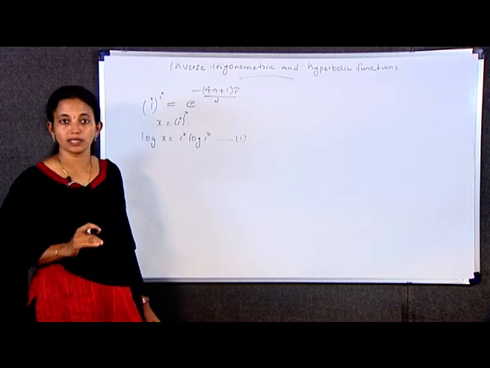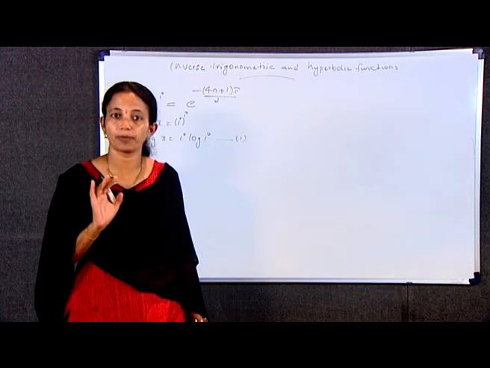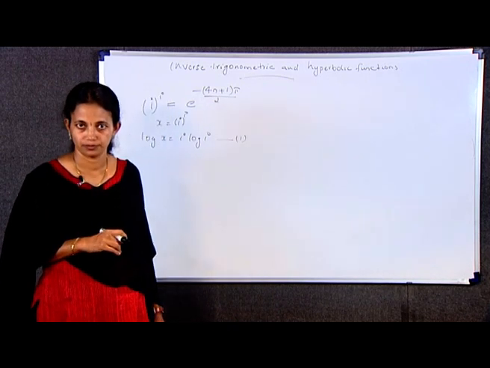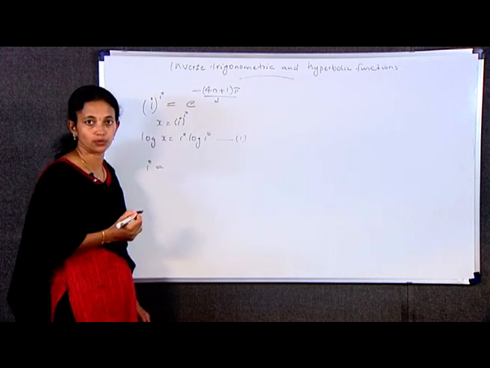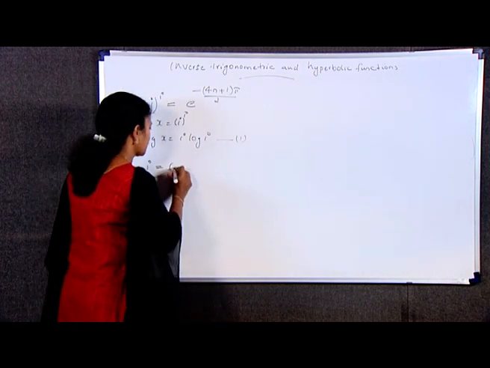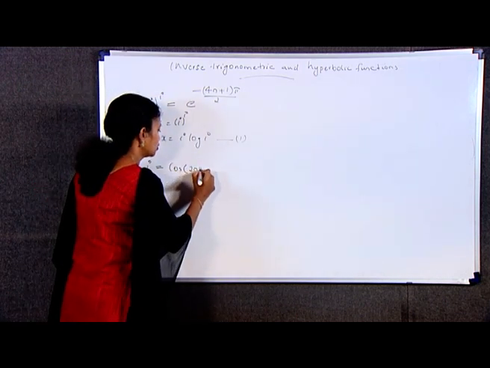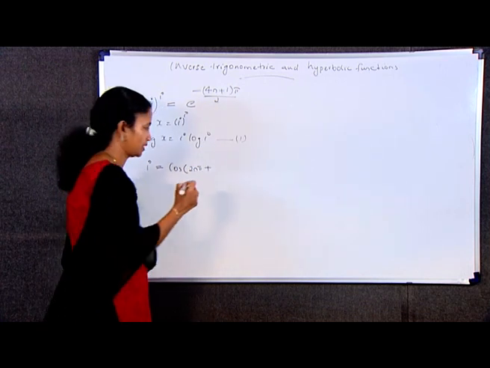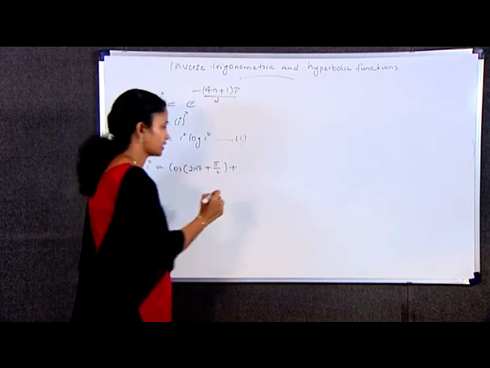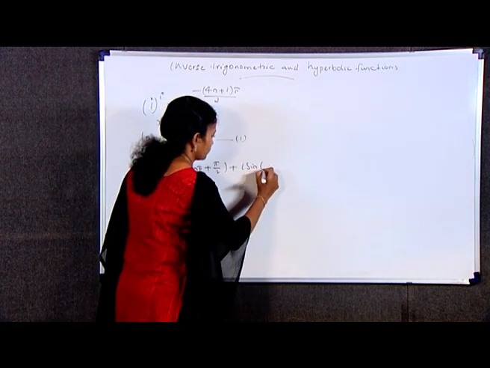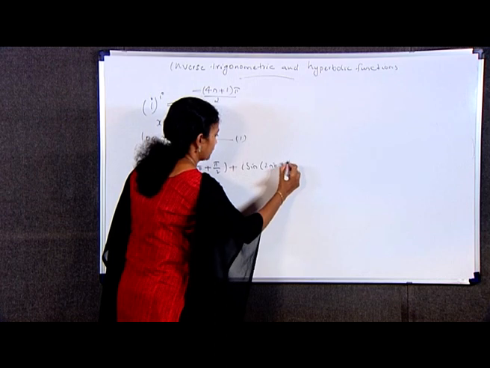Now, i is equal to cos pi by 2 plus i sin pi by 2, which we can write as i is equal to cos(2n pi plus pi by 2) plus i sin(2n pi plus pi by 2).